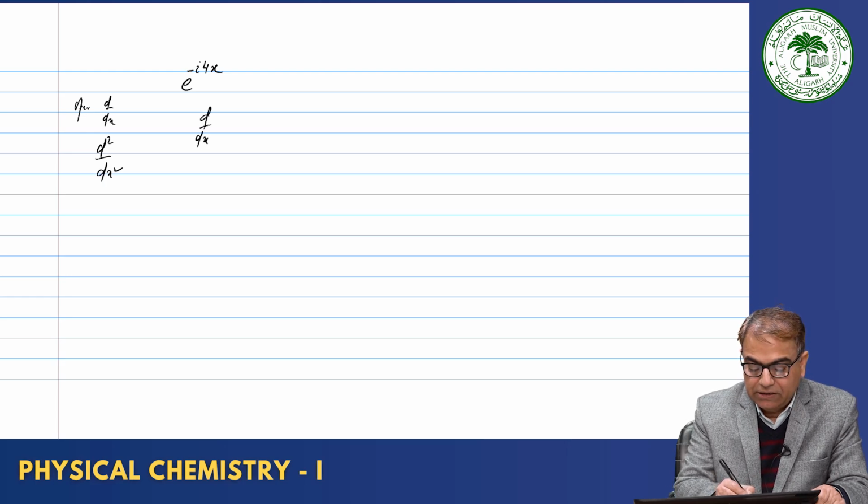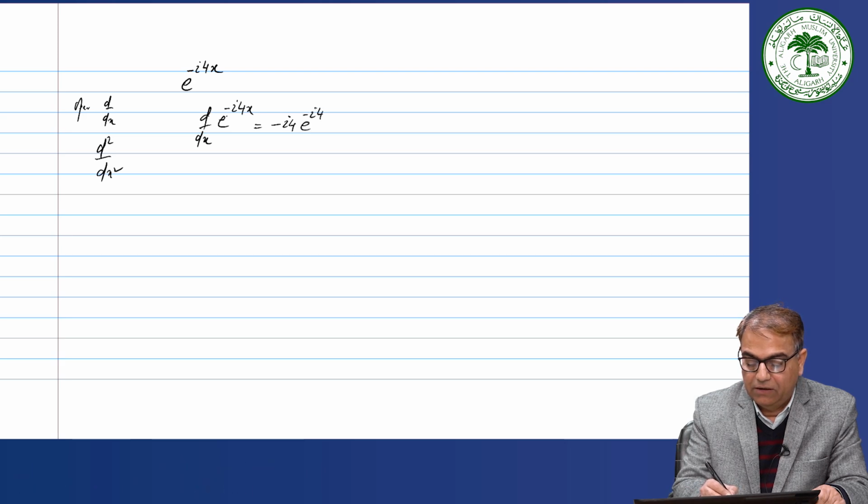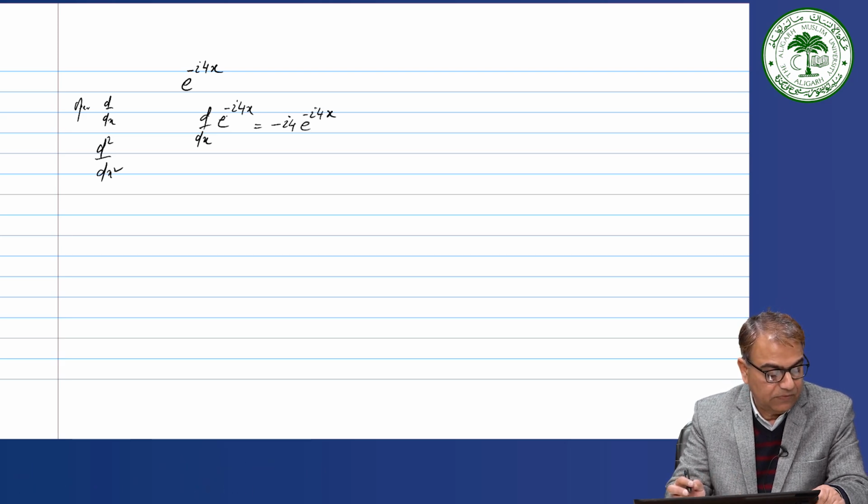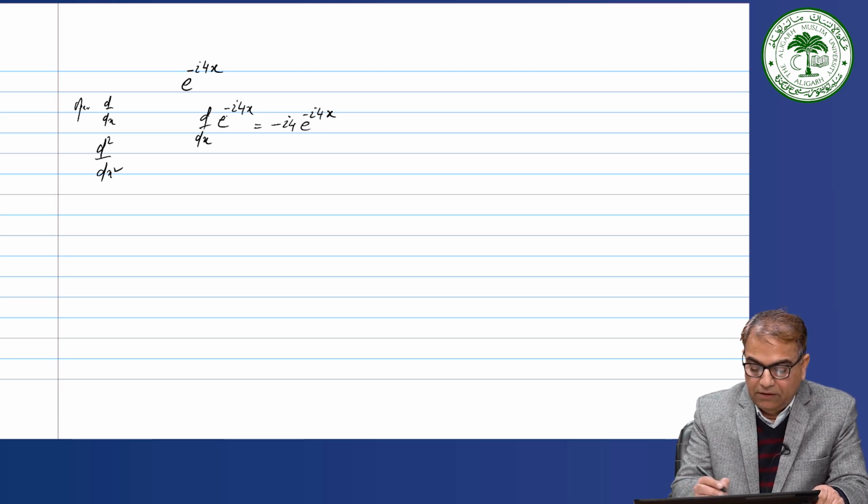So, d dx of exponential minus i 4x will be what? It will be minus i 4 into exponential minus i 4x. This you can write. So, what does it mean? It means you get the function back.